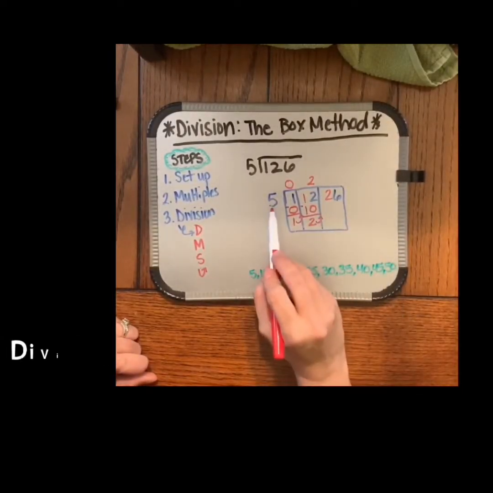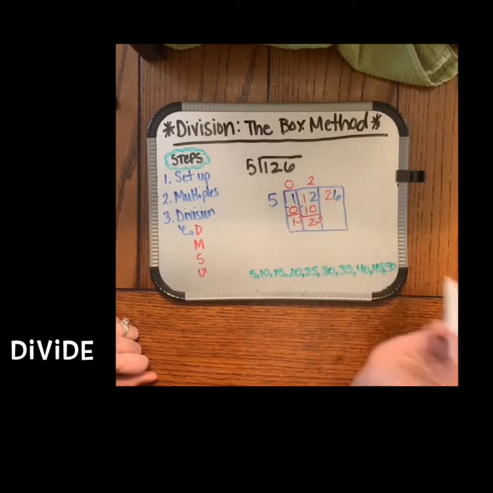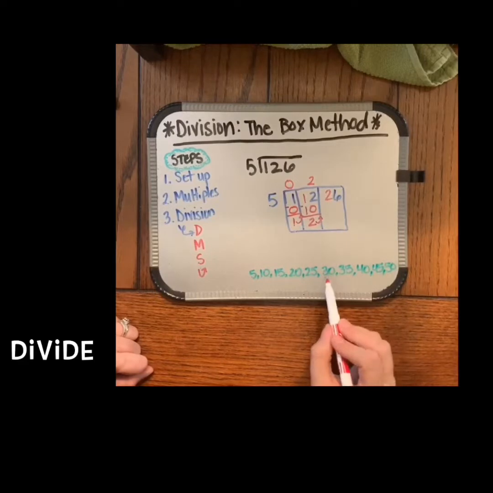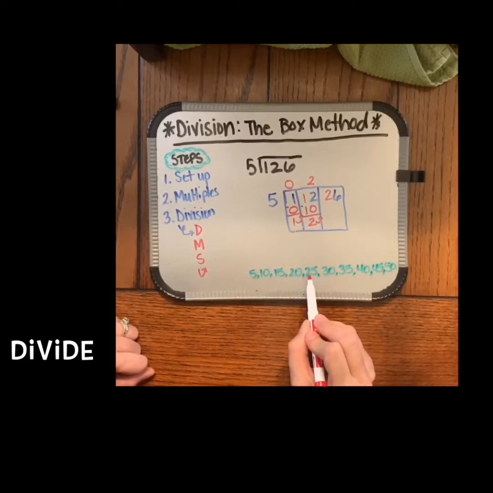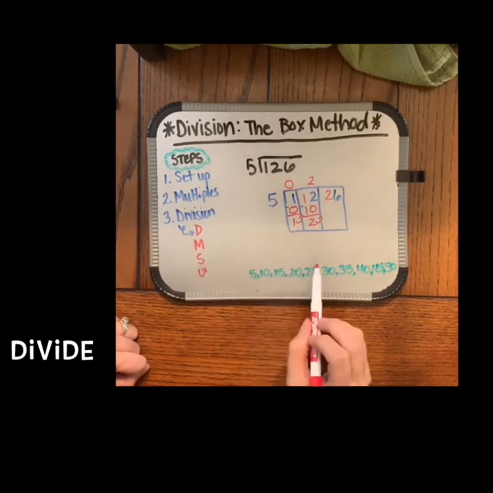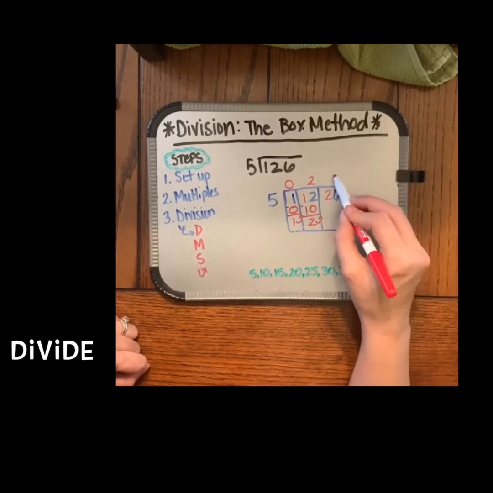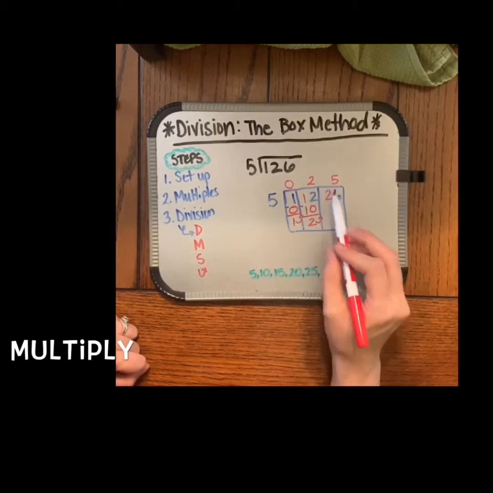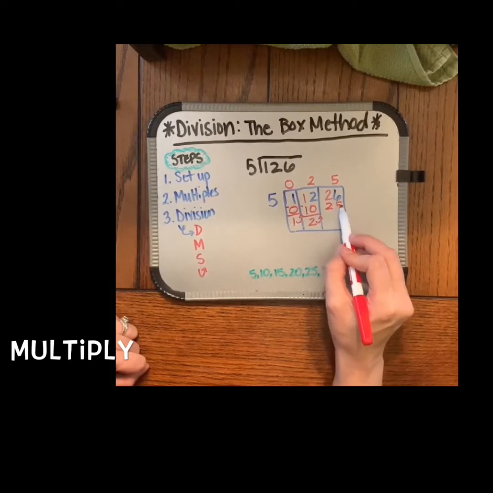Now, 5 goes into 26 how many times? Again, I'm going to look at my multiples. Well, 30 is too big, but 25 is the closest I can get without going over. That's 5 times 5. So I'm going to put my 5 above. 5 times 5 is 25.